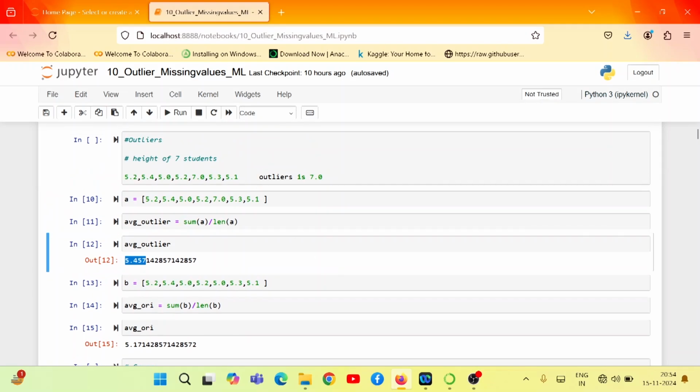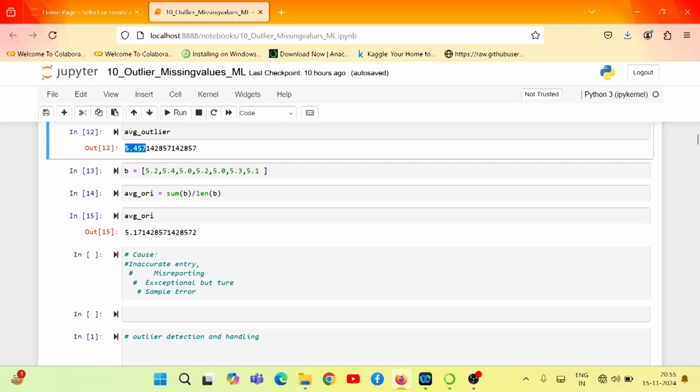For example, here in the presence of the outlier, it gives the result that a 10th standard student should have a height of around 5.5, which is abnormal, right? Actually, it should be around 5.2, which seems very appropriate for a 10th standard student.